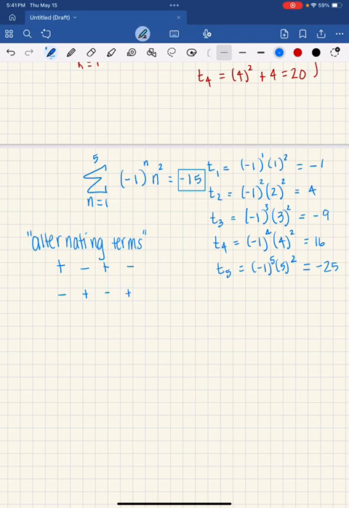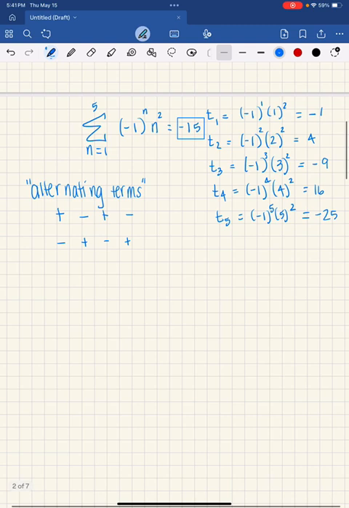To create alternating terms, use either negative 1 to the n, or negative 1 to the n plus 1. If n is odd, negative 1 to the n means that the first term is negative. And negative 1 to the n plus 1 means your first term is positive. So that's how you're going to create alternating terms.